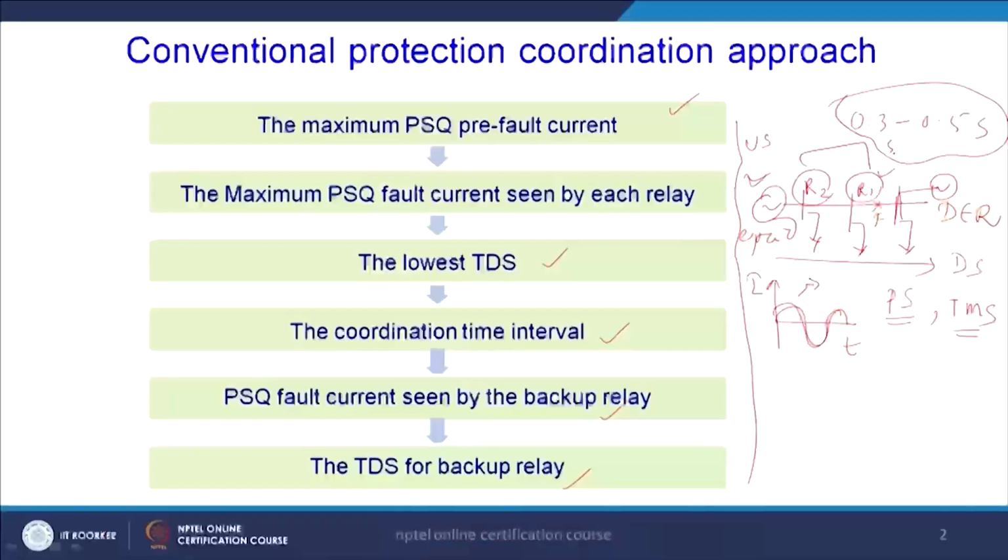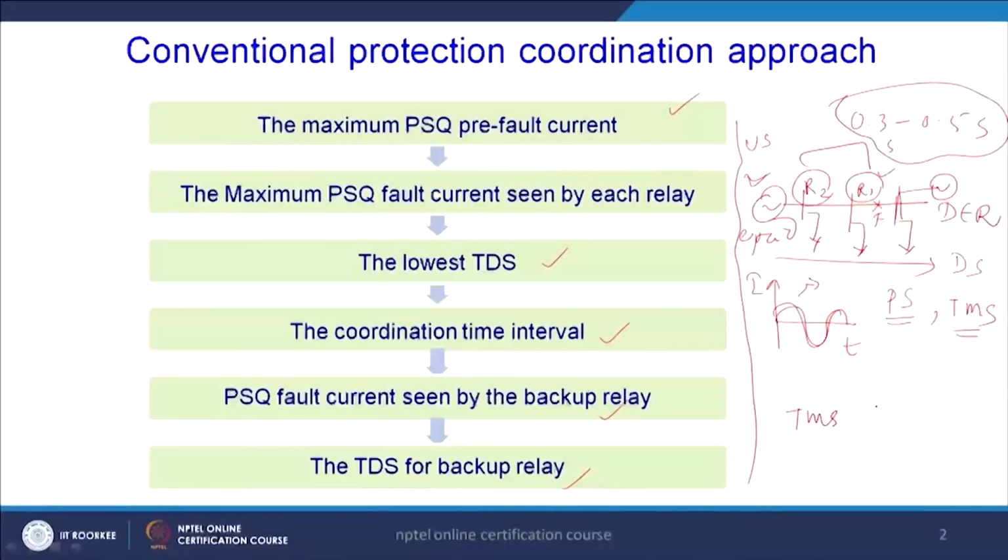In that case, the relay which is located at the end terminal or end feeder, that is R1, has the lowest TMS. This TMS varies within 0 to 1, and the lowest TMS may be 0.1, 0.2, or 0.3; it varies.